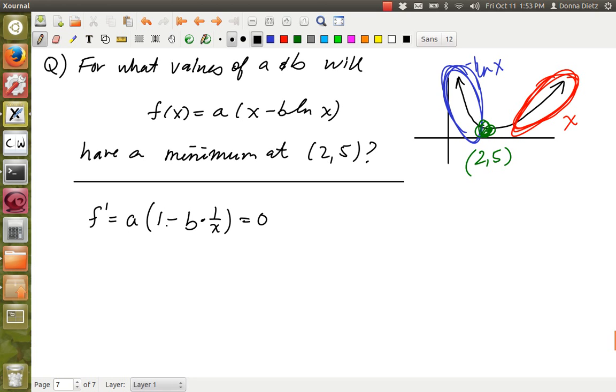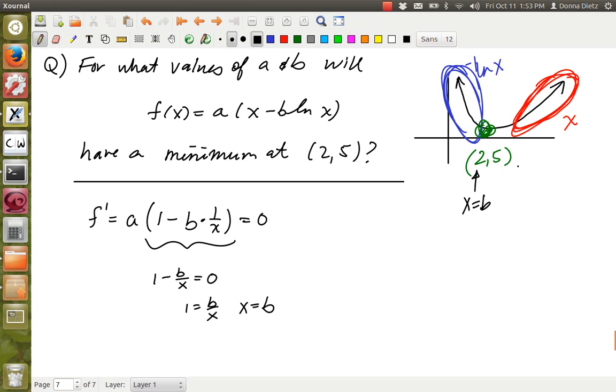A is not going to be able to be 0, so this piece must be what's actually going to 0. 1 minus b over x must be 0, or 1 is b over x, or x is equal to b. So what it's saying here is that x must equal b at this minimum point.